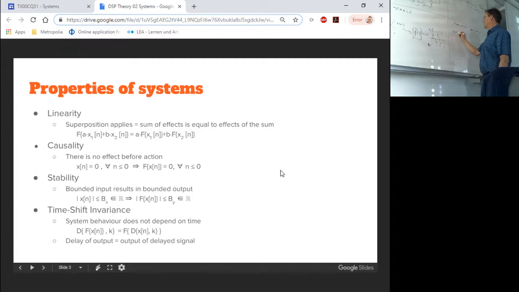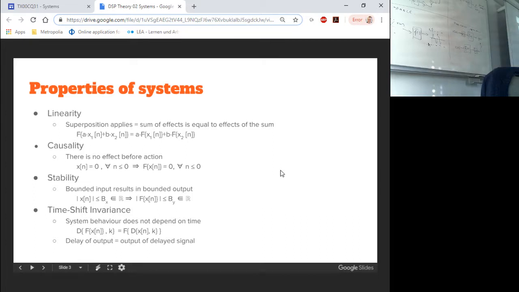If we have a signal and we apply a time shift delay, say k times some delay, and we feed it through the system, what comes out, and then we first feed the input to the system and then do the delay, they should be exactly the same.